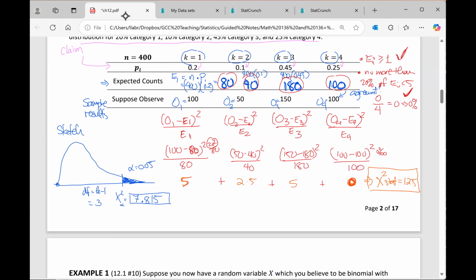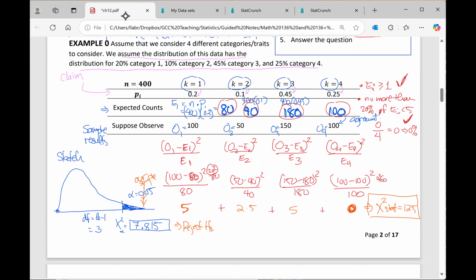The total level of disagreement in the entire data set compared to the claim distribution is 12.5. Notice that 12.5 is in the critical region. Therefore, we've shown that this level of disagreement is too extreme under the null hypothesis. So we're going to reject the null hypothesis that our data follows the claim distribution.